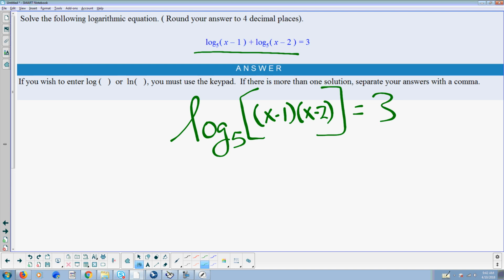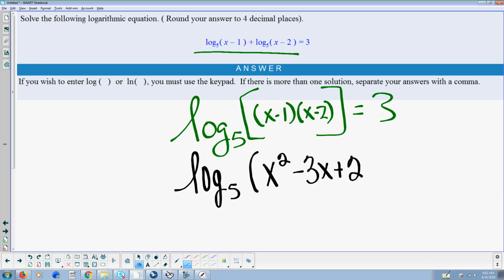Next, let's FOIL these binomials. So I'm going to write this as log base 5 of x squared minus 3x plus 2 equals 3. After you write this so that it has a single log expression, you have one of two possibilities when you're solving a log equation.